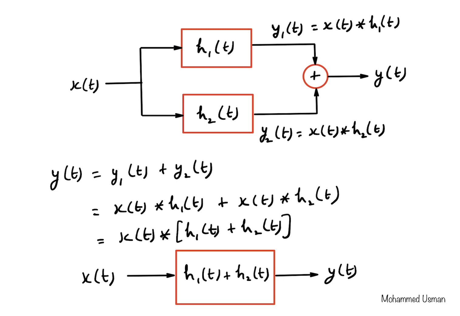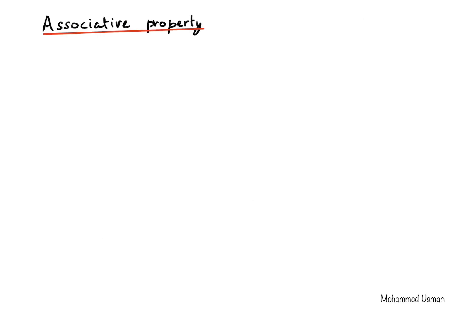Okay, so we will now see the third property of LTI systems, which is called the associative property. Now, the associative property is given as, suppose we have x of t convolved with h1 of t, which is convolved with h2 of t, and let's say we put this in brackets here.